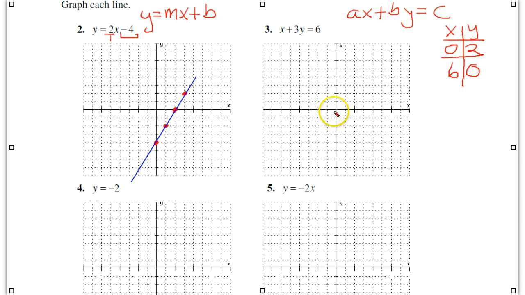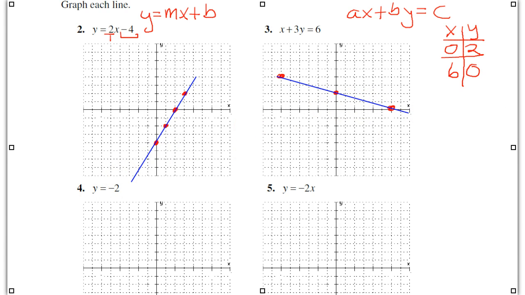So 0, 2, our y-intercept, and then 6, 0, 1, 2, 3, 4, 5, 6. And I could go this way too. 1, 2, 3, 4, 5, 6, up 2, just to give me a better shot at my line here. Okay.